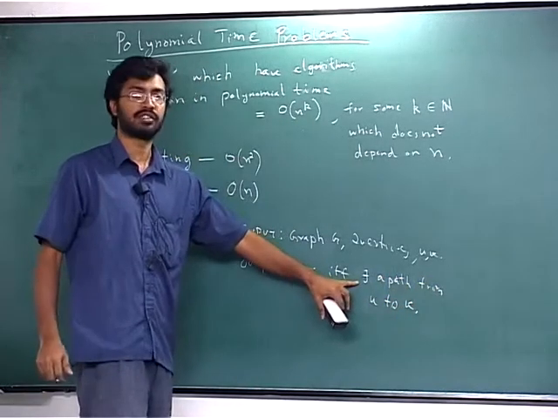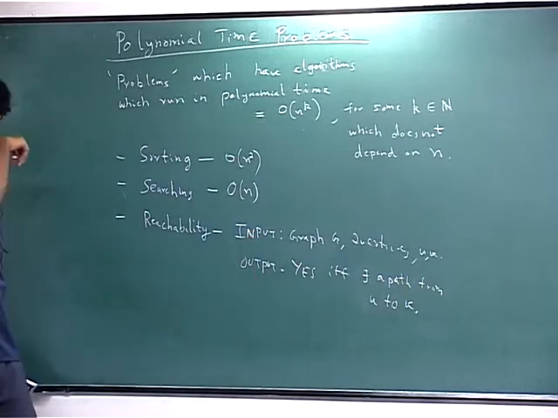So this notation stands for there exists a path from u to v.